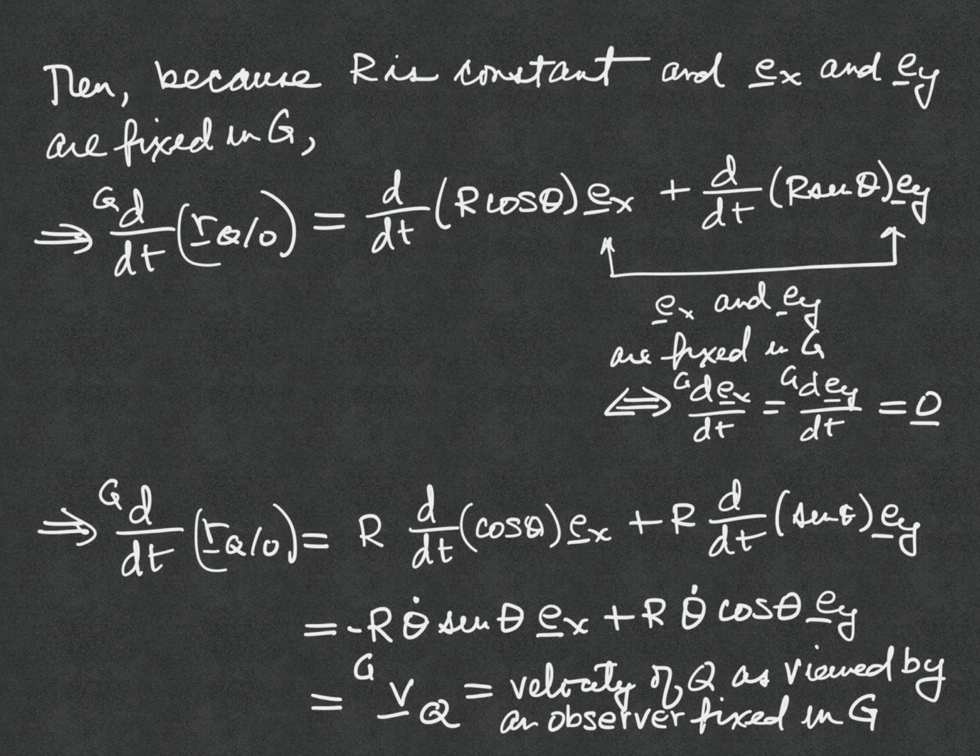But that's not the best way to do this problem. It is a way to do this problem, but it's not the best way. There's a much better way which takes advantage of the geometry.